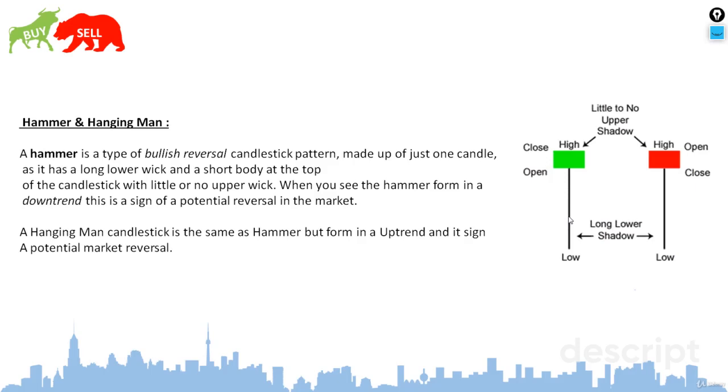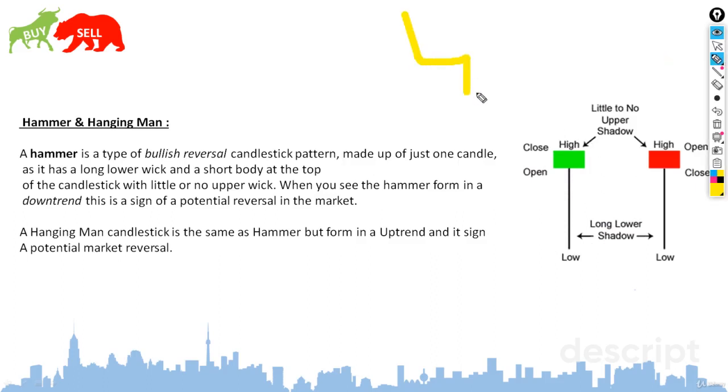When you see the hammer form in a downtrend, this is a sign of a potential reversal in the market. A hanging man candlestick is the same as a hammer but forms in an uptrend, and it's a sign of a potential market reversal.